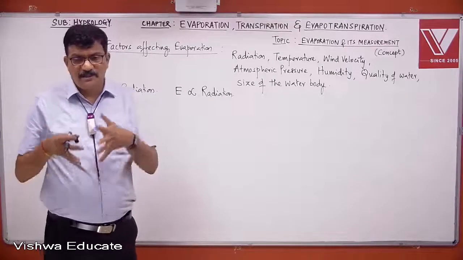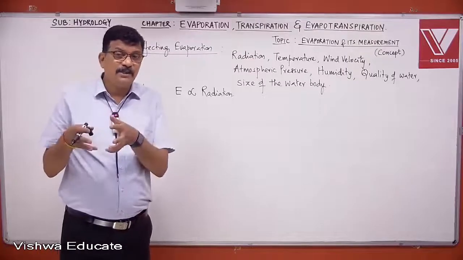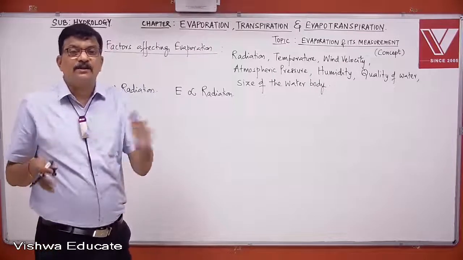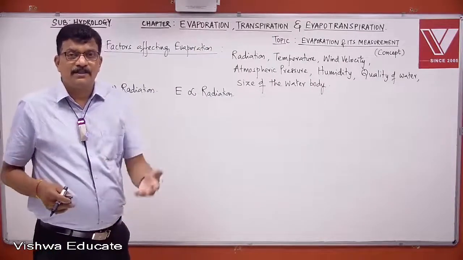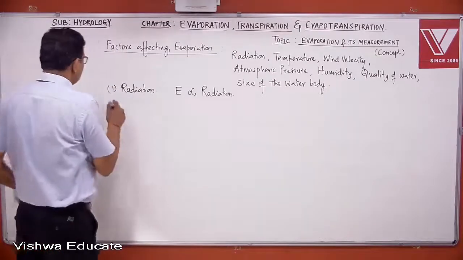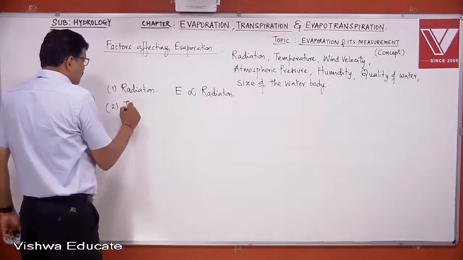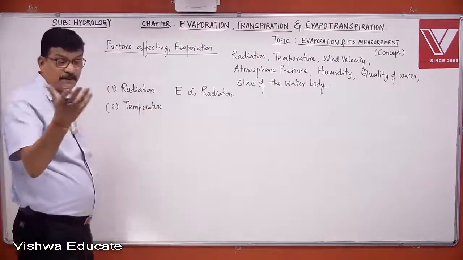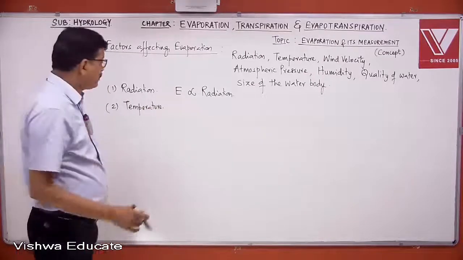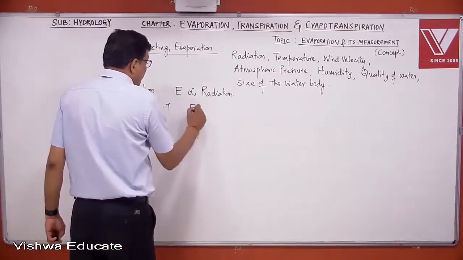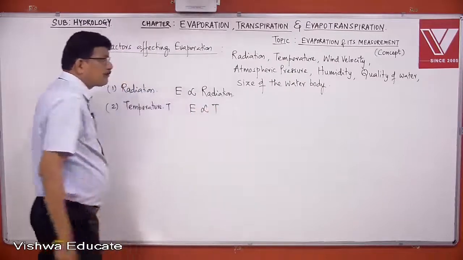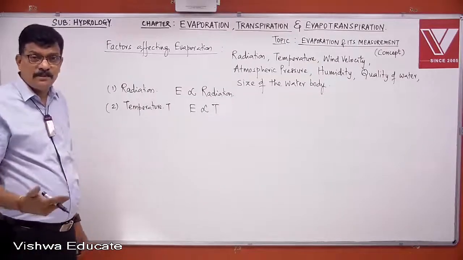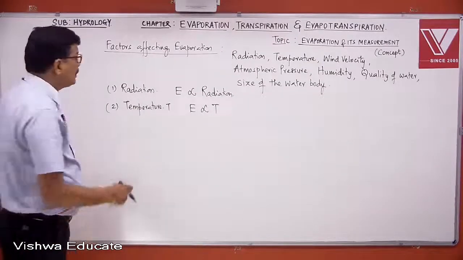If the sunlight is very strong, that means the radiation energy of the sun is very intense, and that causes evaporation to happen faster. So it's directly related. Temperature. If the surface temperature increases, evaporation rate also increases. So E here is proportional to T. Directly proportional means as the temperature increases, evaporation rate also increases.